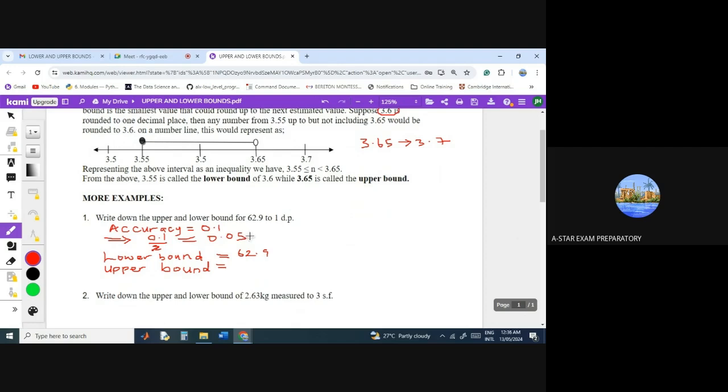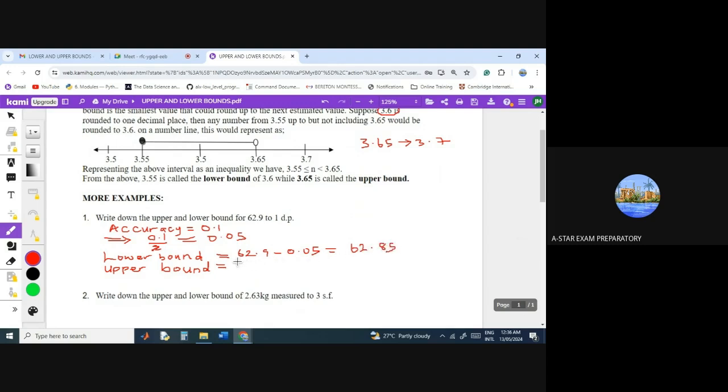Now, for us to get the lower bound, all we need to do is say 62.9 minus our calculated value. So this will give us 62.9 minus 0.05, which gives us 62.85. So we have the lower bound to be 62.85.